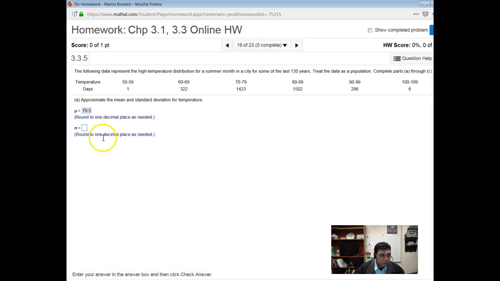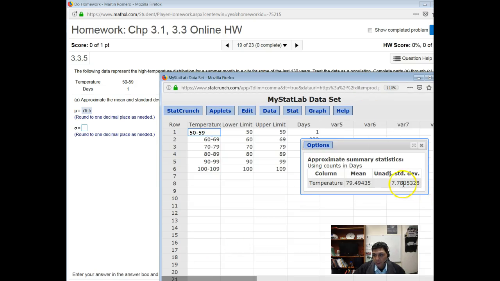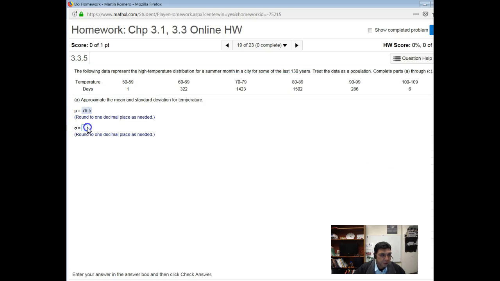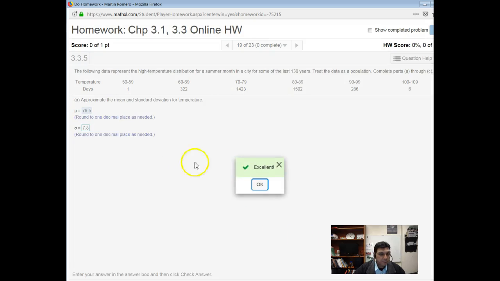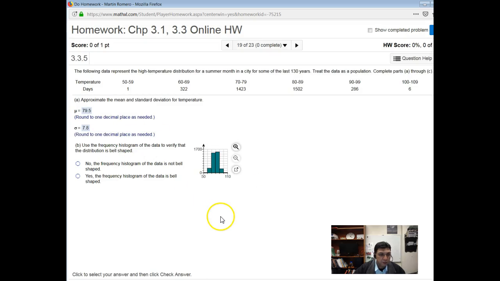There we go. What's the population standard deviation? That's that sigma there. That's 7.78, 1 decimal place. So that's 7.8. Check that answer, and we got it. So that's how you can get those values, the unadjusted standard deviation.